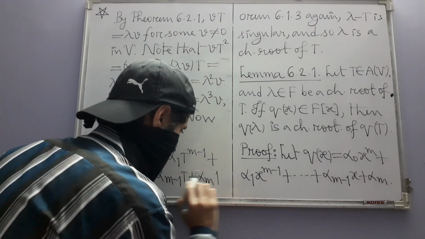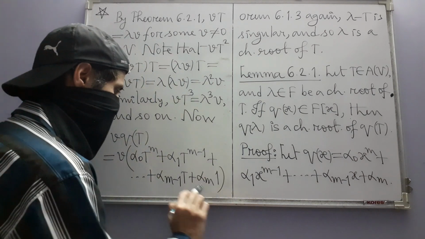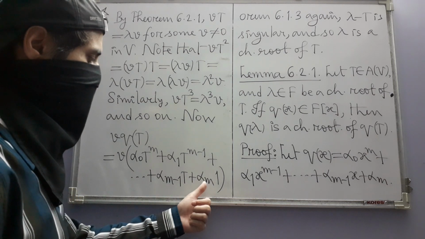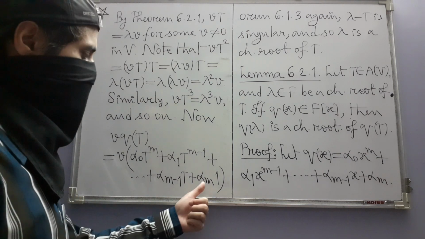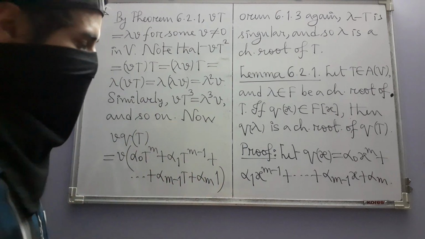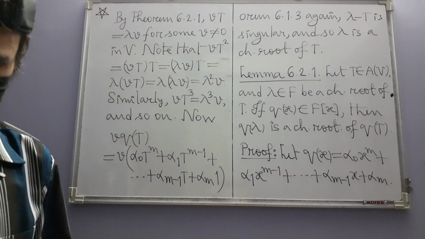It's better to write the 1, because otherwise some confusion may arise. We may forget that this is not simply a scalar, but along with that we have the unit element of our algebra also.